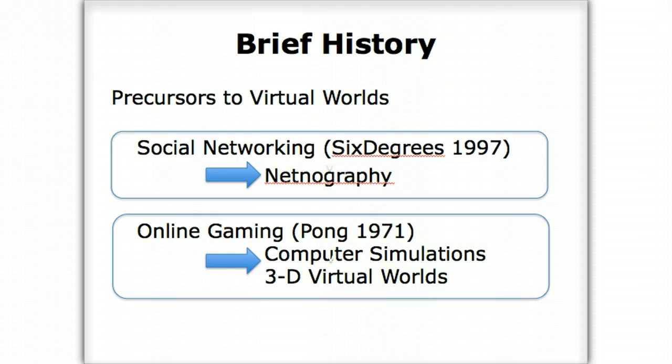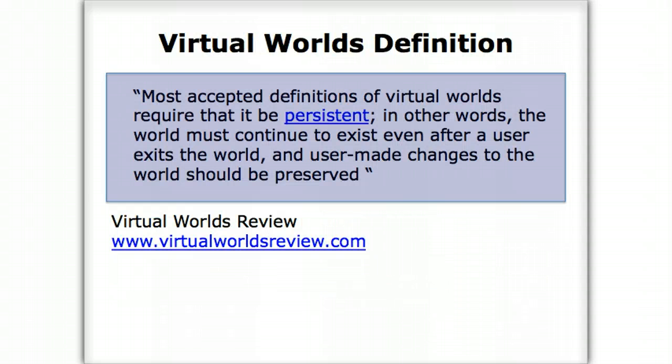And they basically went into two different variations. One is computer simulations, and the other one is 3D virtual worlds. Now, the virtual worlds definition requires that it's more persistent. In other words, you don't turn it on and off unlike a game. So with a computer simulation, you may go into it, start a while, stop it.